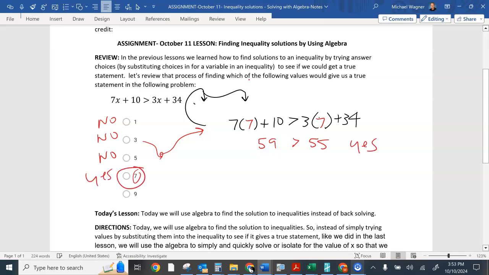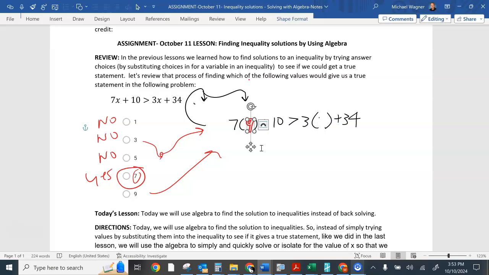And then I try 9. 63, 73. Is that greater than 27 plus 34, 61?